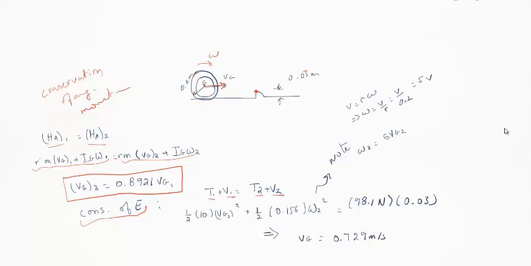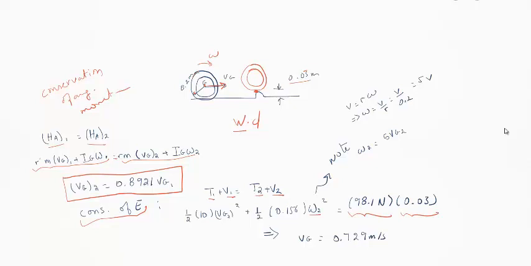Now at state 2, when the wheel is over here, the only thing we have is gravitational work, which is the weight times the distance. Now what's the weight? 98.1. What's the distance from the ground from the state before? 0.03. So we have these two.